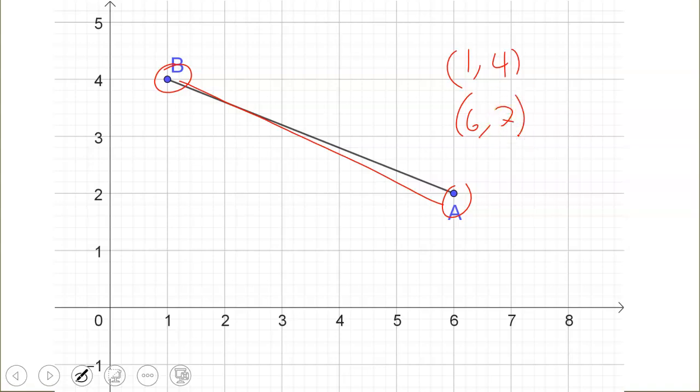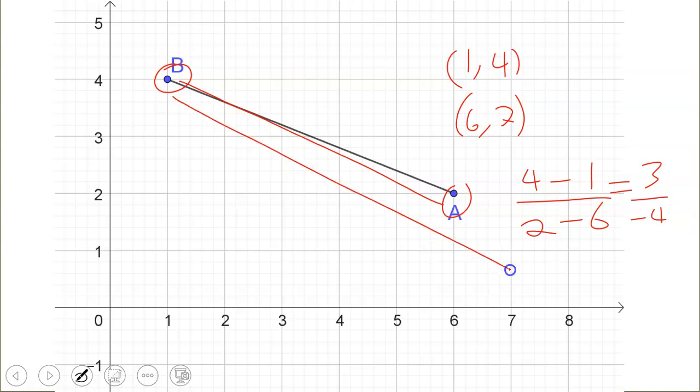Now, if you do change in y and change in x, we are going to have y2 4 minus 1 over x2 2 minus 6. And so we are going to have 3 over negative 4. And so that becomes negative. And so anytime a line goes this direction, gradient is negative. If a line goes this direction, gradient is positive.